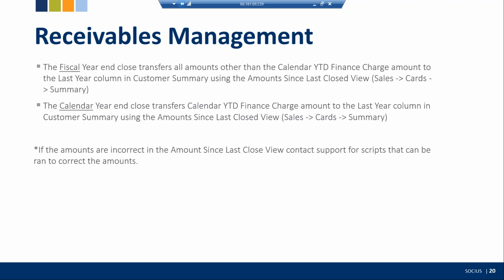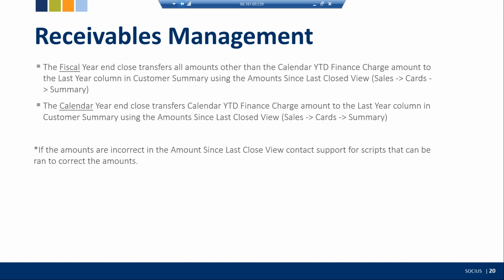Now, if you've ever had a problem where the amounts in your amount since last close view don't match, if they're incorrect, then Microsoft has scripts available that can correct the amounts. And typically, when would that happen?